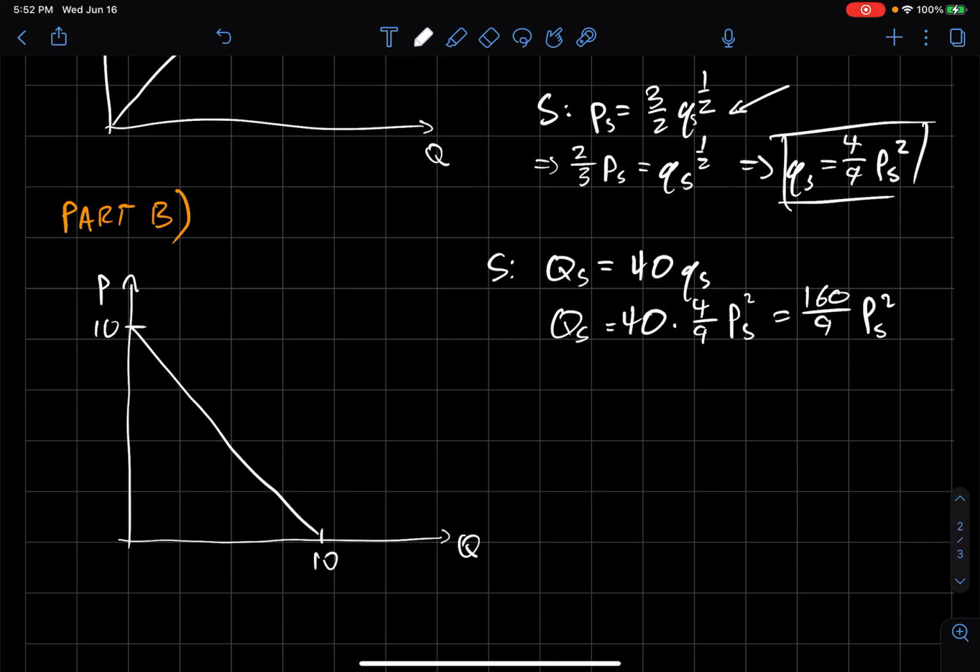So maybe one last thing to do here is to take the square root on both sides, which will give us the inverse supply curve. You could do it if you want. It's easier to graph because we have PS is equal to the square root of 160, which is 40 times 4.